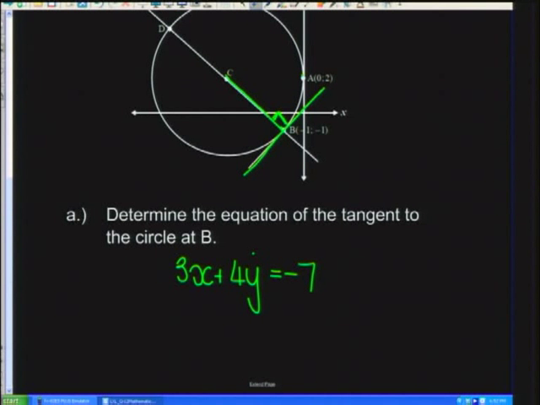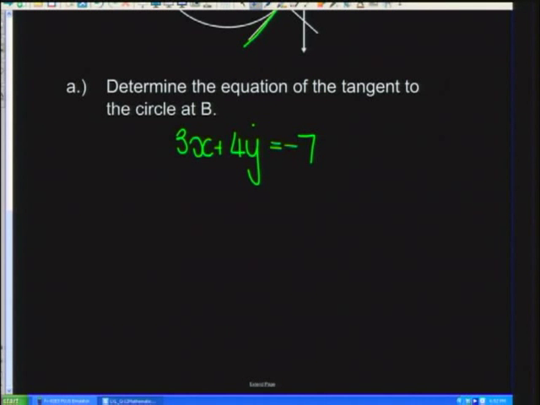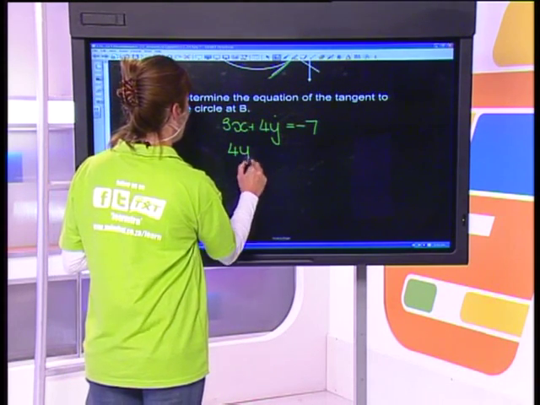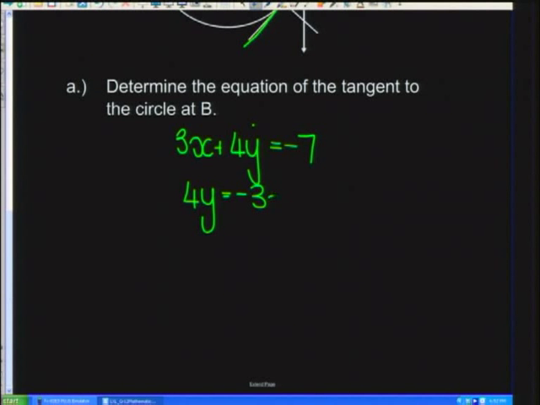Now the problem with the equation as it stands is that I need to get it into standard form. I need to get y as the subject of the equation. So I'm going to say 4y is equal to negative 3x minus 7, and y is going to be negative 3 over 4 x minus 7 over 4.